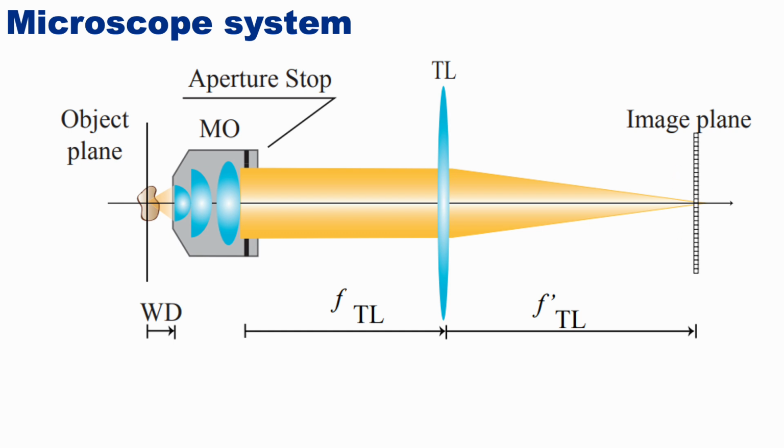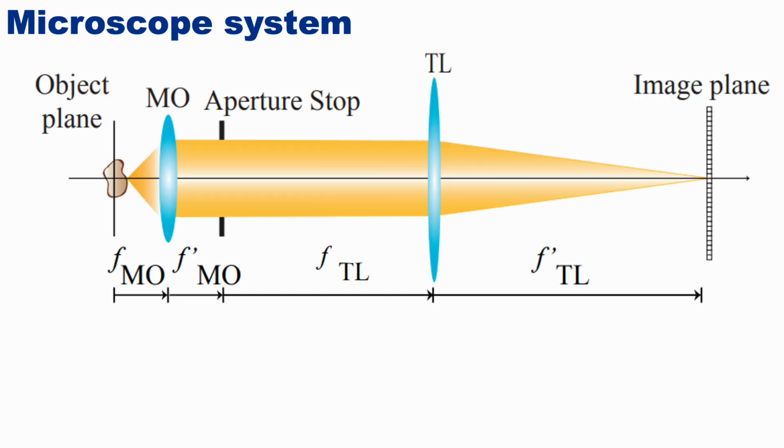In general, the microscope objective lens is composed of many lenses for correcting aberrations, but in a general case we can assume it's a single lens with no aberrations. In this configuration, every plane is separated by the focal length of the particular lenses. This technique is usually called a 4F system.